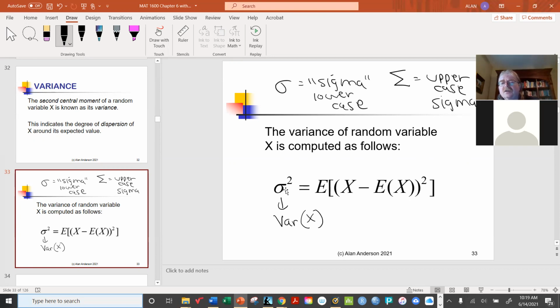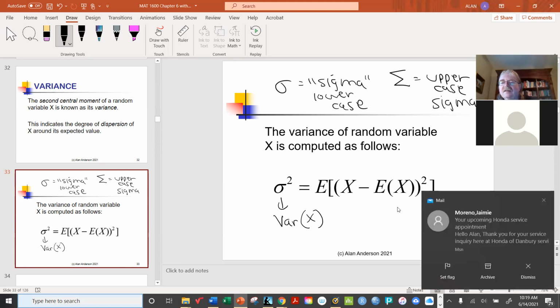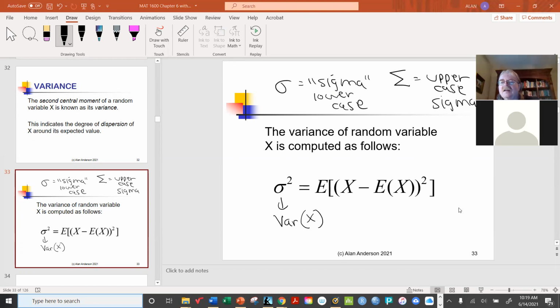So it should not confuse you when you see sigma squared being used as a variance for a random variable when it's also used for populations. I guess the other alternative was to find a third alphabet, but they decided to stick with the Greek. So it should be clear here, the sigma squared refers to a random variable, not a population.